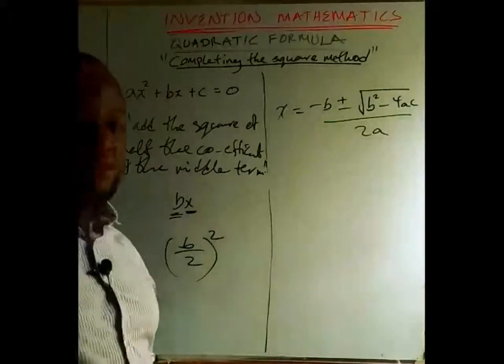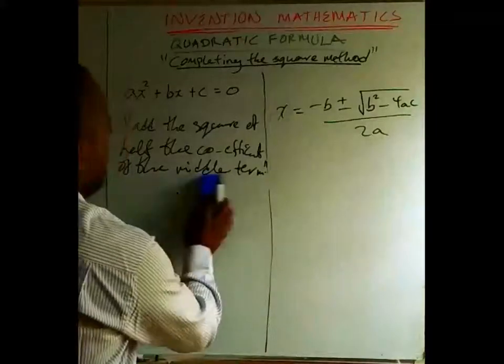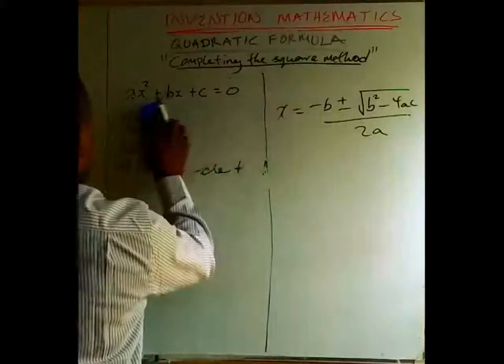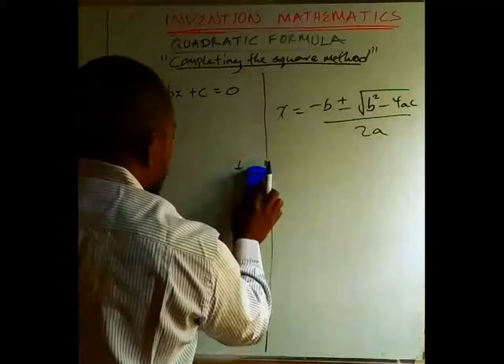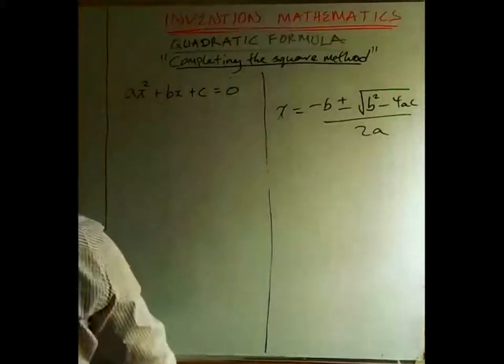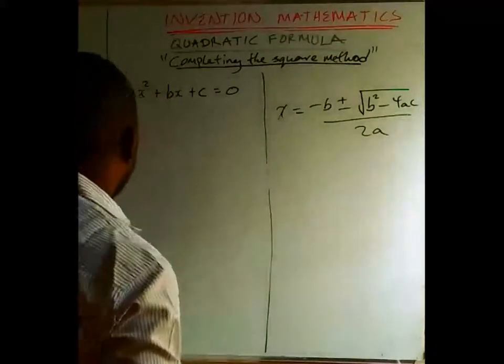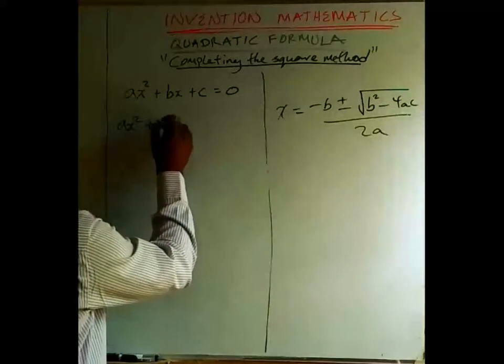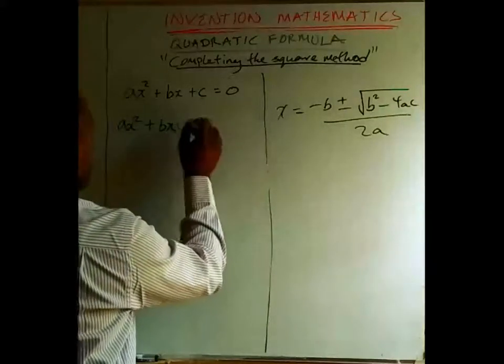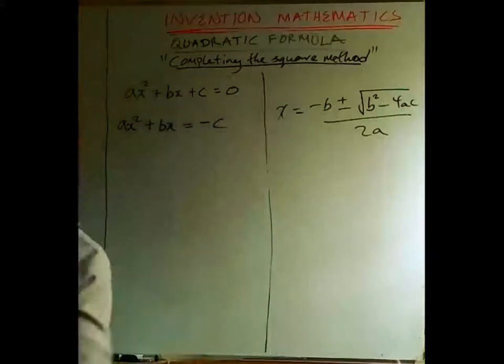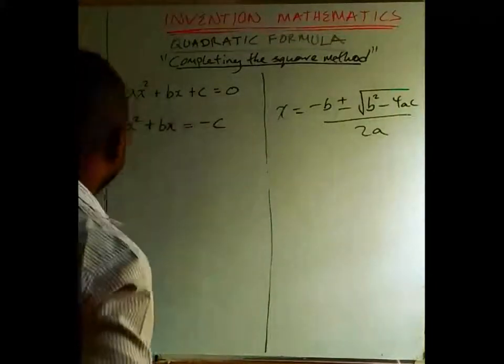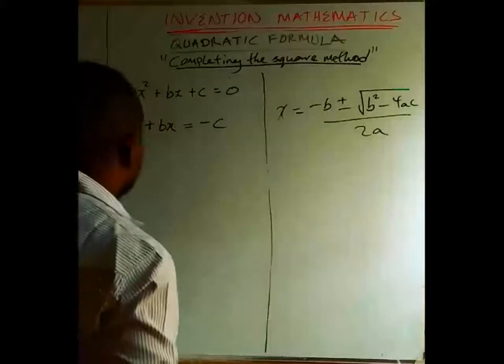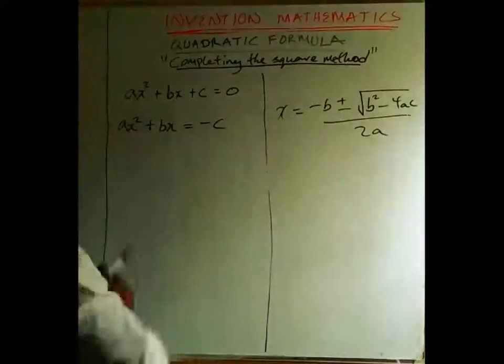And how do we add it? Let's go. ax squared plus bx is equal to minus c. Move the c to this side. What next? Divide through by a.